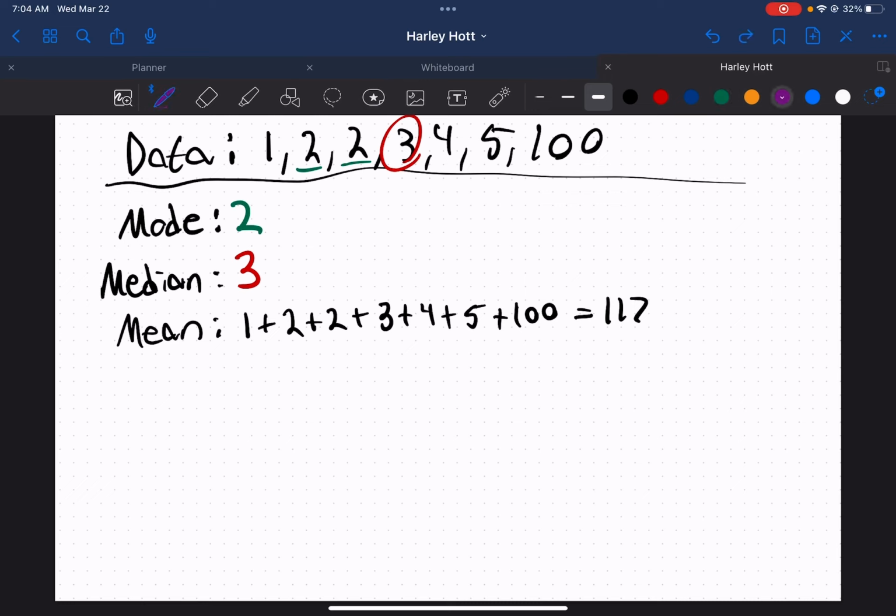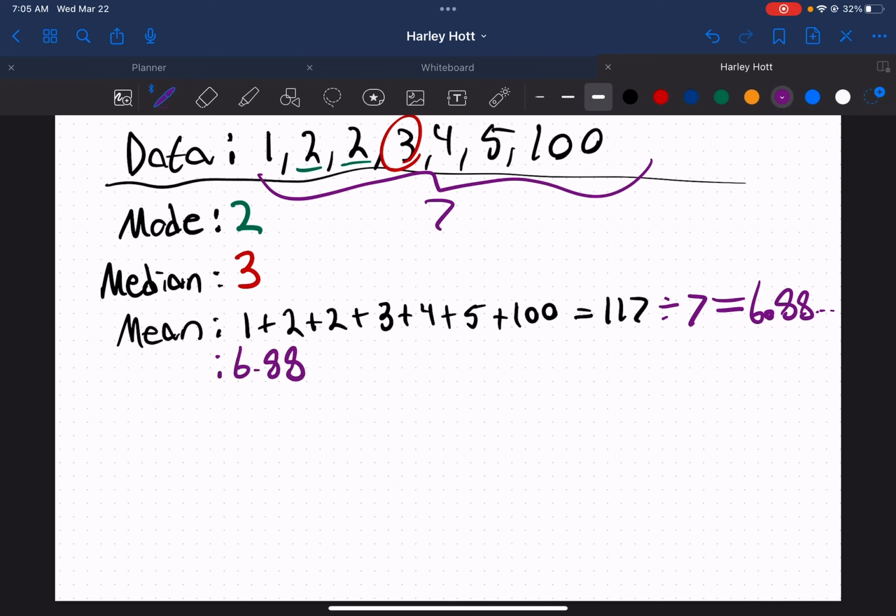There are 7 data points altogether, so I take 117 and divide it by 7. I can do that in a calculator. What I get is 6.88 and so on. So my mean is 6.88.